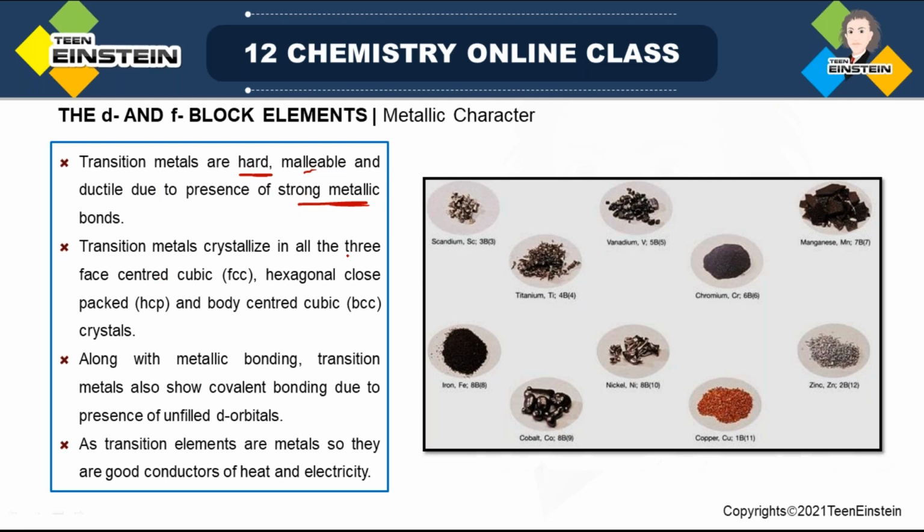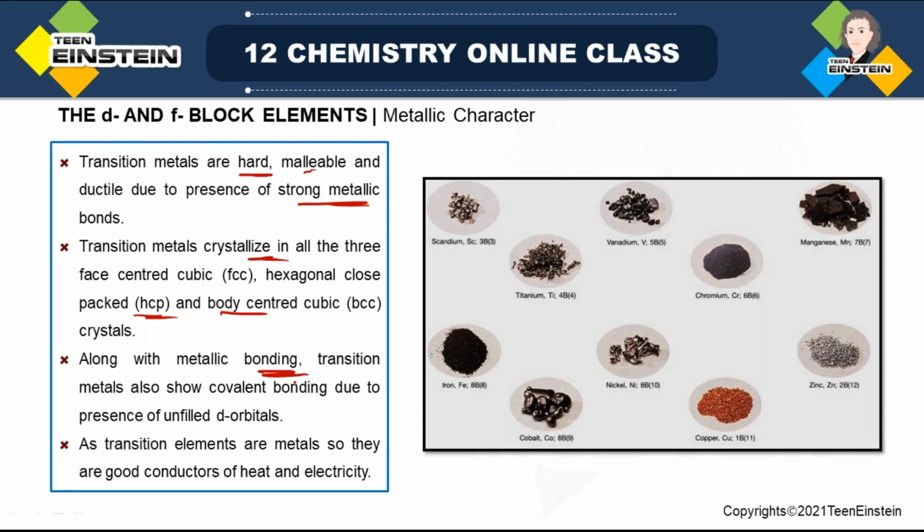See, all are solid, which is clear from the picture. Transition metals crystallize in all three: face-centered cubic, body-centered cubic, then hexagonal close packed. So this we have discussed in solid state. Different types of crystal structures are there, different names are there, and as transition metals are solid, they can crystallize in all these different possibilities.